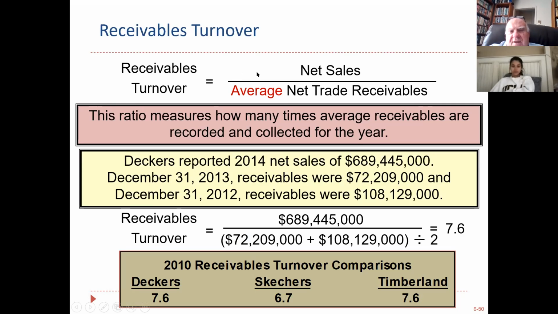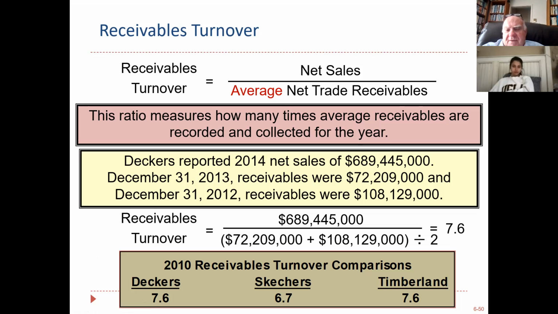So if we take the net sales and divide it by the average receivables, and again, the average receivables will be the balance at the beginning plus the balance at the end of the year divided by 2. We come up with the turnover of 7.6. And Deckers has 7.6, so does Timberland, so does Skechers has the reciprocal, so 6.7, huh? Well, what does that mean, that turnover?